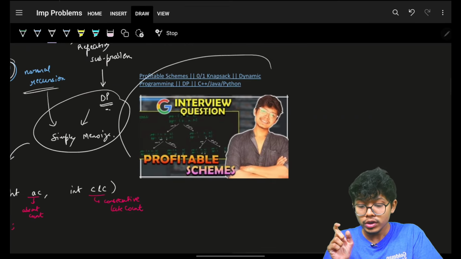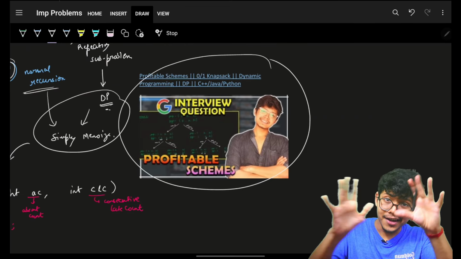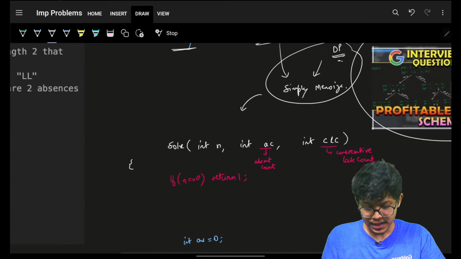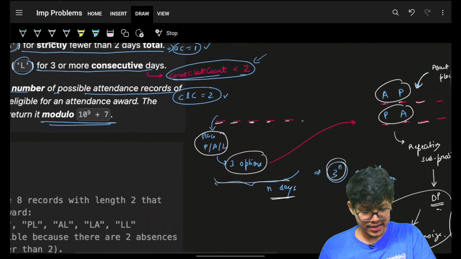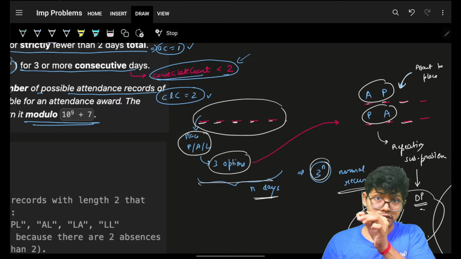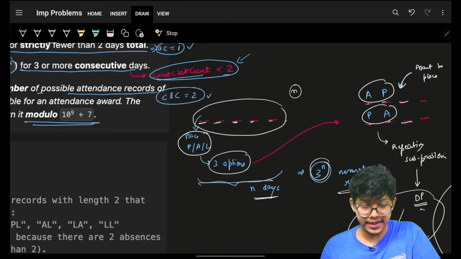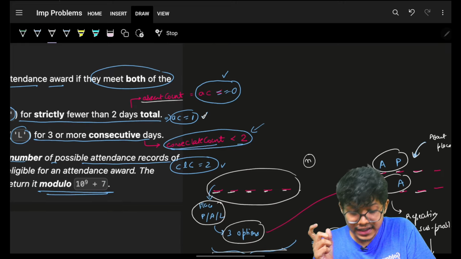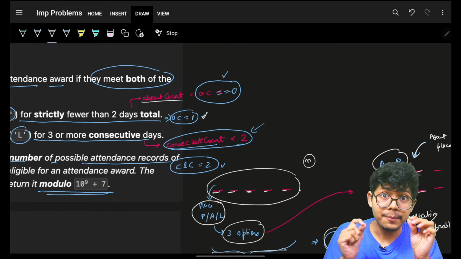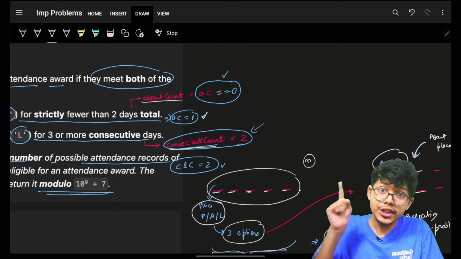If you don't know, we have done exactly the same thing with the entire tree, dry run and so on. Now we know we simply apply DP. The states are simply n possible days, so one state is n. I also have to keep track of my absent count, which is the total absent count, and the consecutive late count.